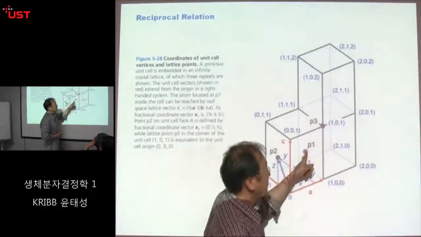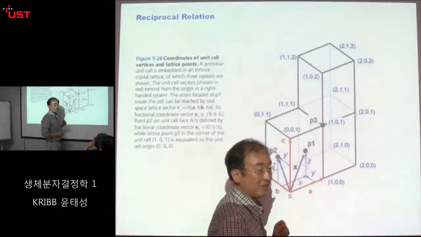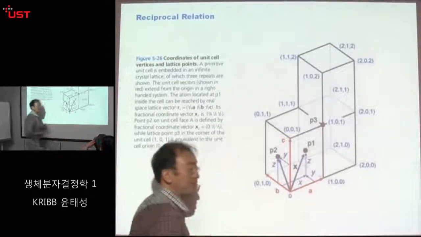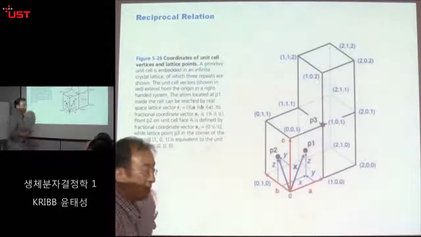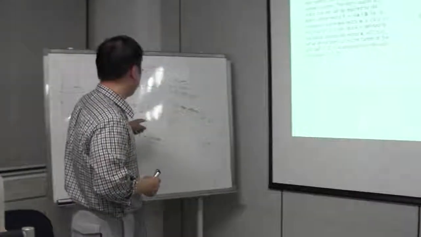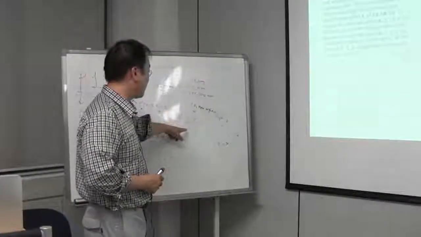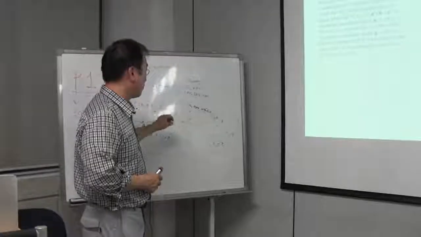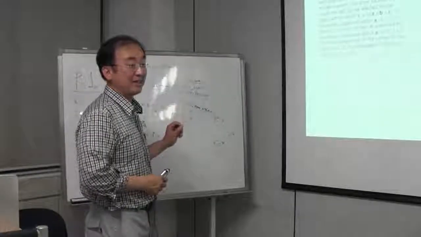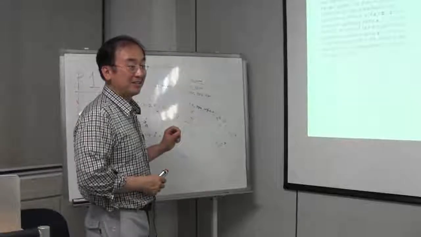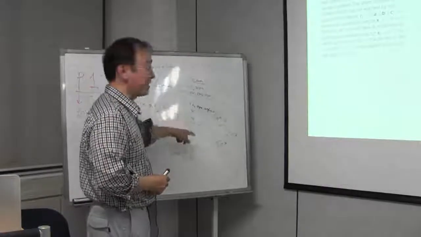So this may not be the equivalent position. To have an equivalent position, we should add to either x, y, or z a multiple of 1. Nothing else.